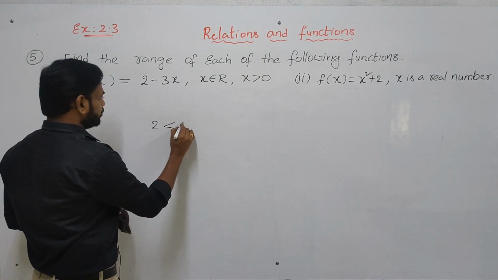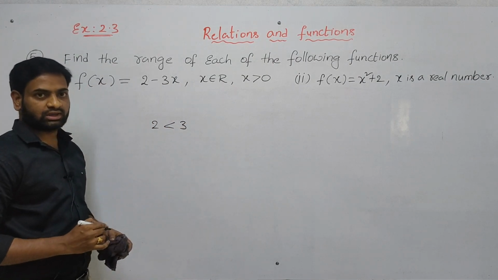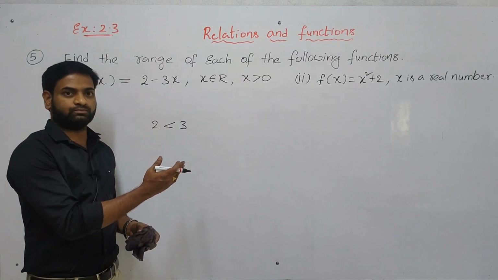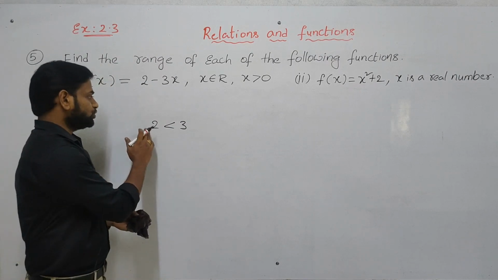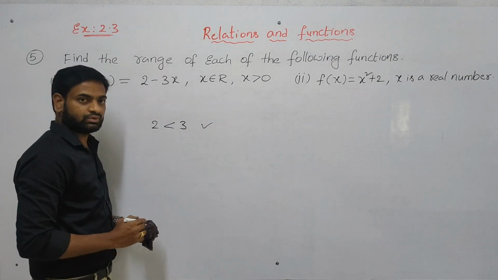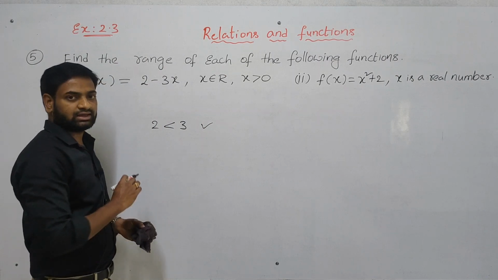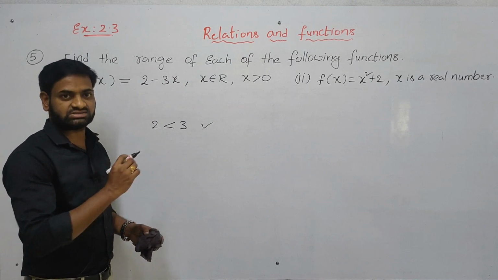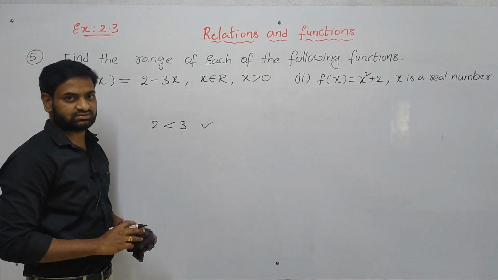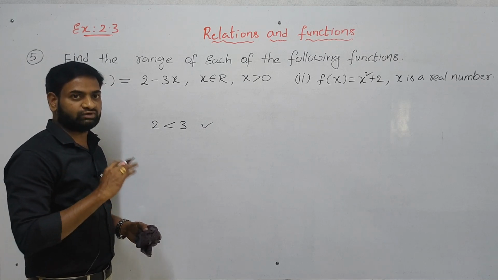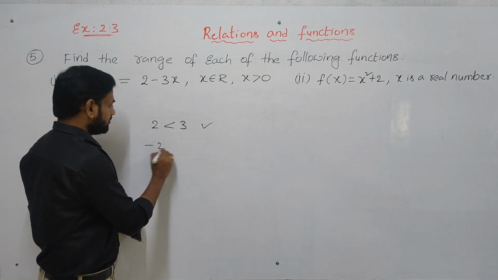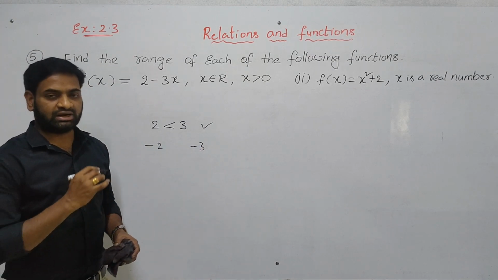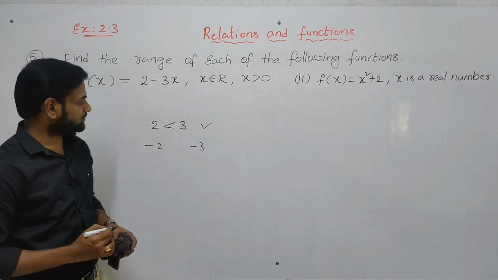Suppose I take 2 less than 3. Is it correct? Yes. 2 is a lesser value than 3, so 2 less than 3 is correct. If I multiply with a negative sign, if I multiply with minus on both sides, then see what will happen. So minus 2, minus 3. Both sides I multiplied with negative.